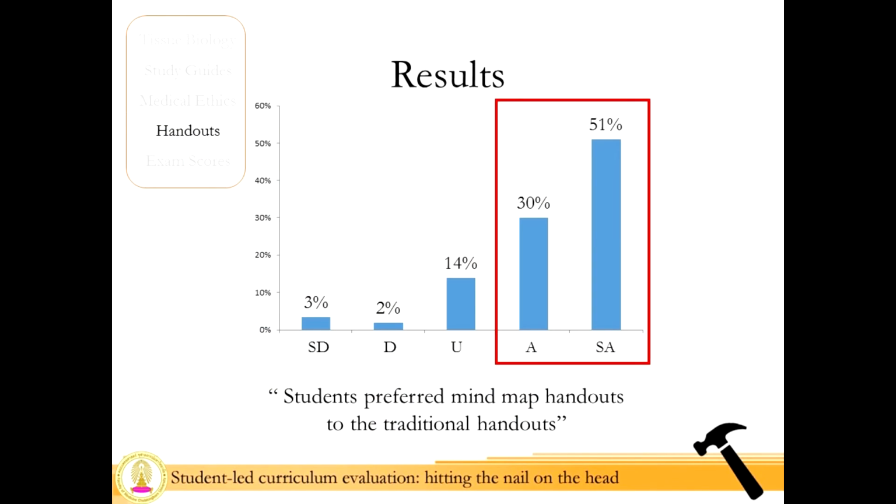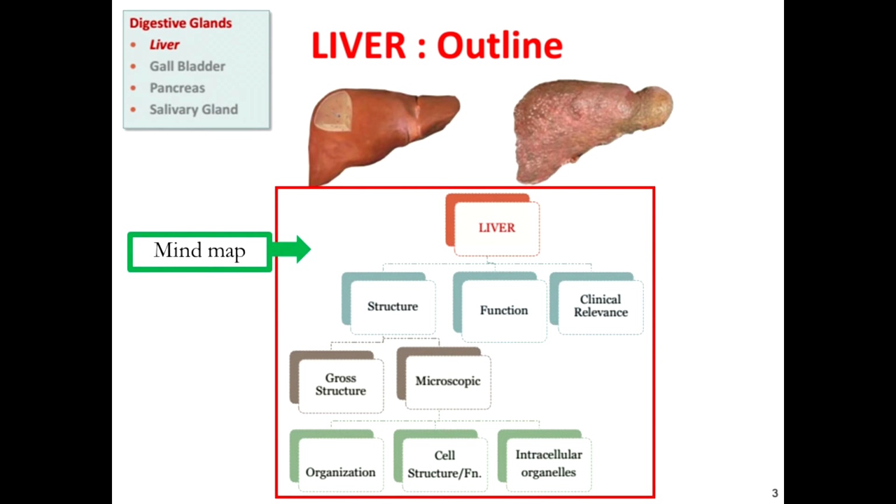Another similar example is the idea of having mind map handouts. 30% of the respondents preferred, and 51% strongly preferred, mind map handouts to the traditional handouts. Here is an example of what we are talking about. A mind map summarizing the overview of the lesson is put on the first page.